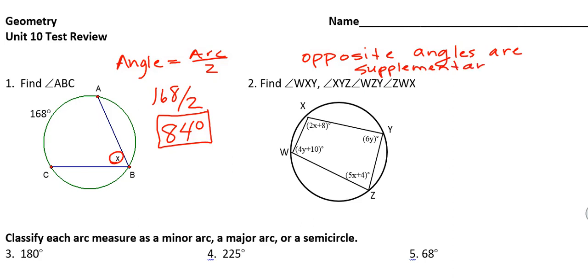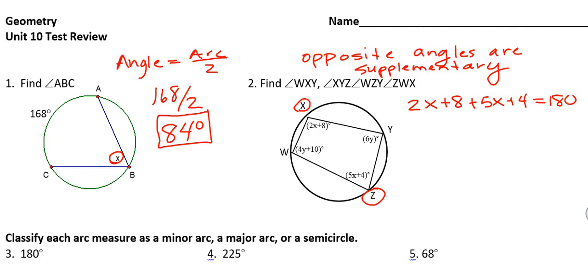That term supplementary means they add up to 180 degrees. So I'm going to add X and Z together and set them equal to 180. Solve for x: 2x plus 8 plus 5x plus 4 equals 180.